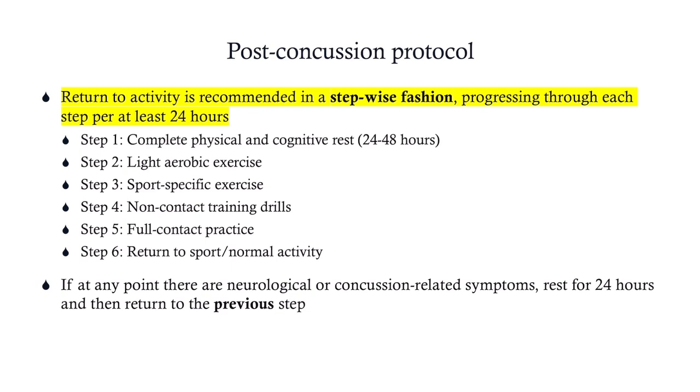Then step 5 is full contact practice. So that means you can do your regular practice, but not a game yet. And then step 6 is to return to sport or normal activity. Now, a lot of people who sustain concussion don't play sports, so you can kind of skip some of these. But this is what I would use here.